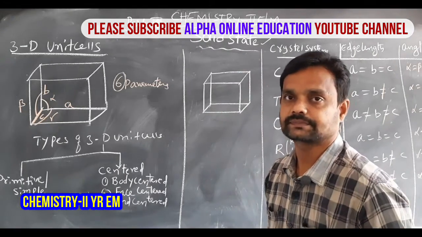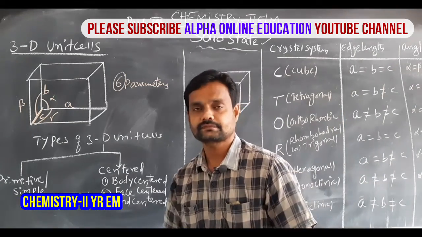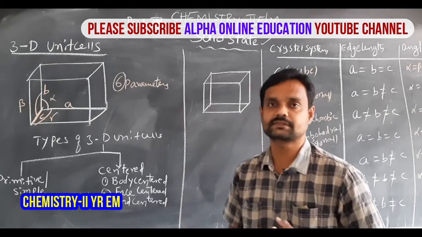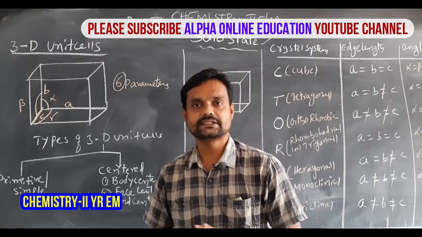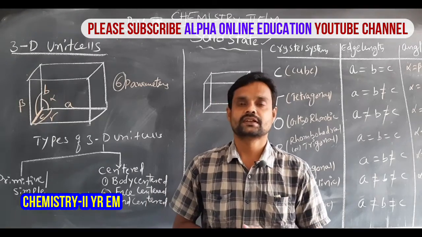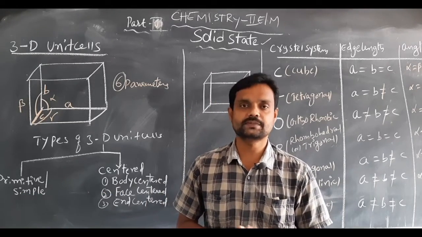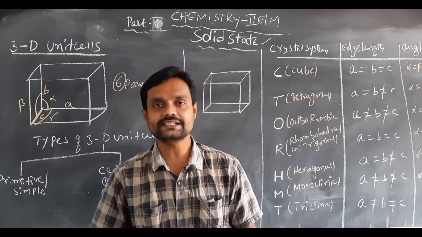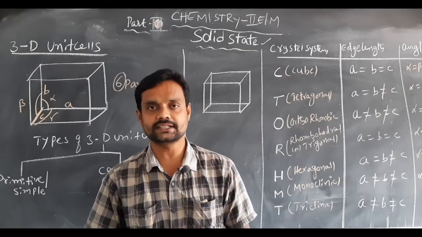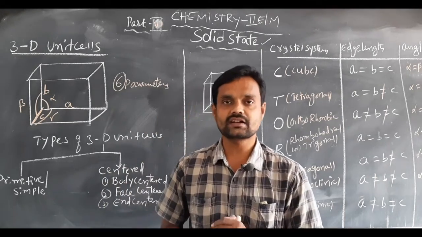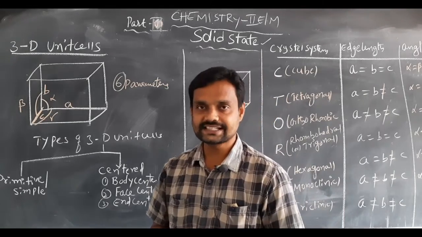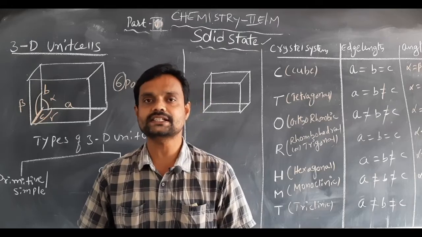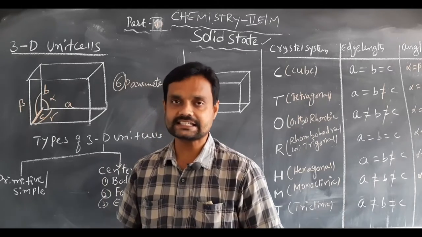So students, in the previous class in solid state chemistry we discussed the one dimensional unit cell and the two dimensional unit cell. First, before that, how can a unit cell be defined? A combination of lattice points forms a unit cell, which is repeated throughout the crystal.